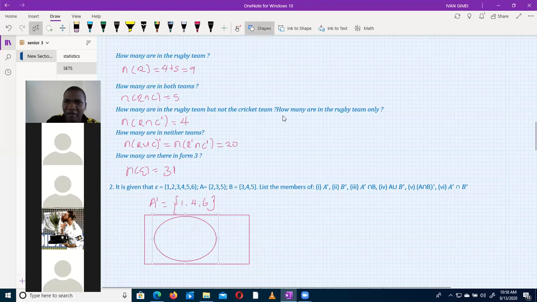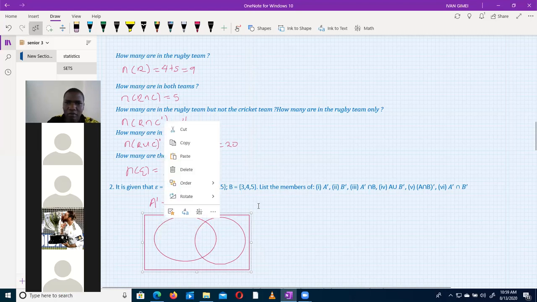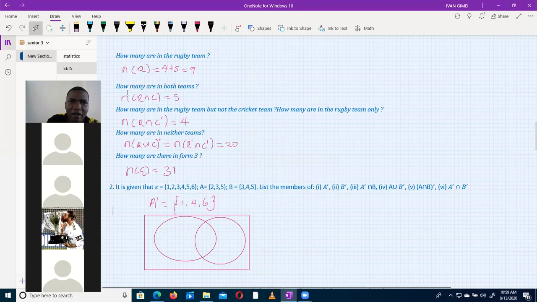Then we have another set, so this is our set B. Let's say our set A is this, and our set B is that. This is the universal set.